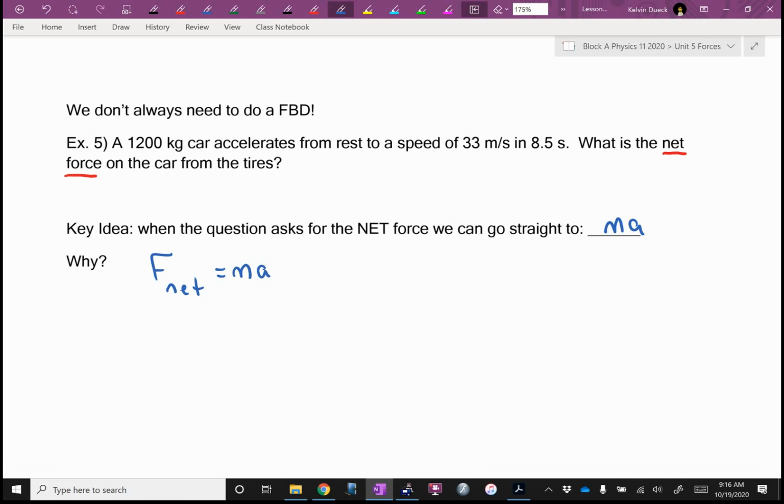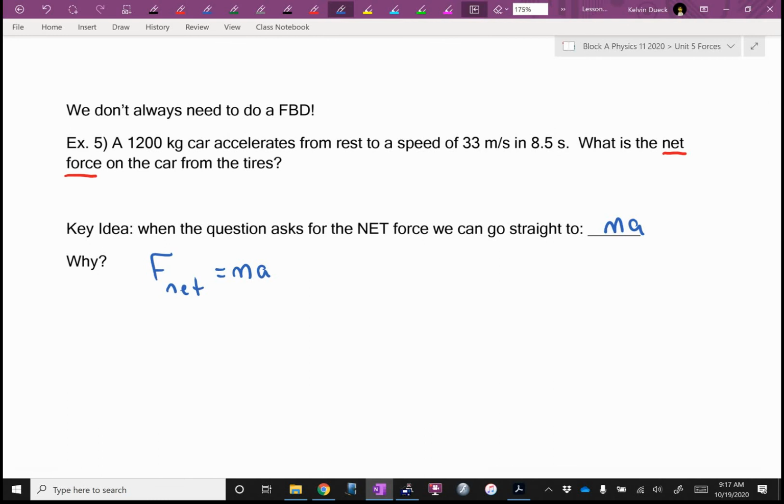So this question says to me, what is the net force? My first thing, I wouldn't worry about a free body diagram. What I've done is I've summed up all the forces for you in my free body diagram, and I've jumped straight to the punchline. So this wants me to find the net force. I would say, okay, F net equals MA. Did they give me a mass in the question?